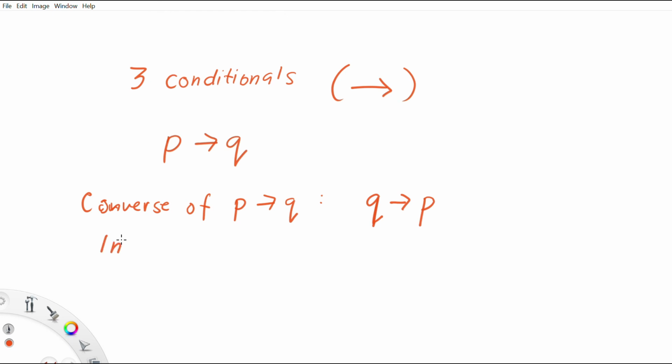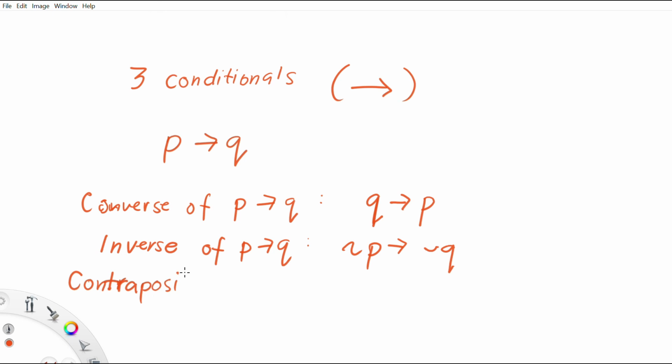Next is the inverse. It is simply the negation of both propositions, which is not P implies not Q. Next is the contrapositive, which is both the reverse of the position and the negation of the value.